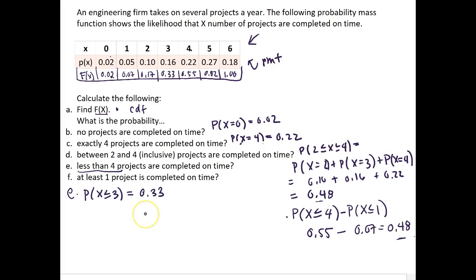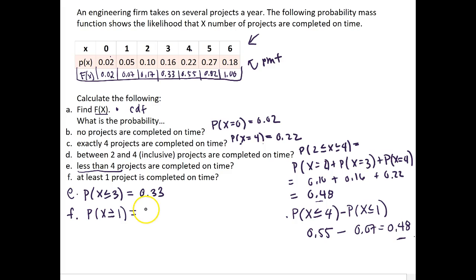All right, so for F, what is the probability at least one project is completed on time? Let's write that out in notation. The probability that at least one project means the probability that x is greater than or equal to 1. Notice the difference in our equality here and how we're asking for a greater than.